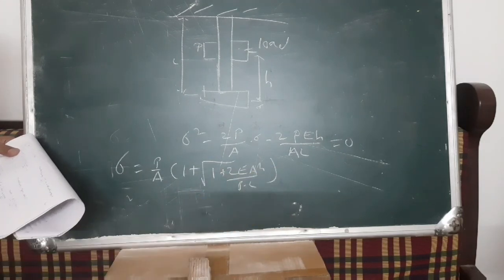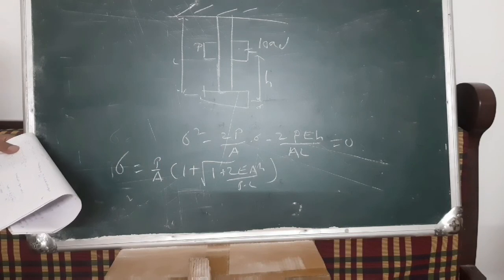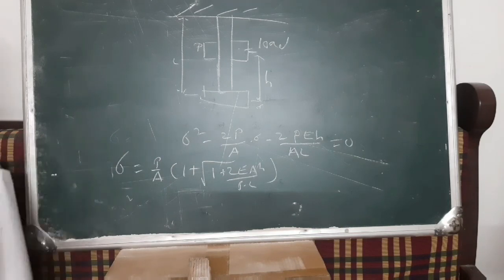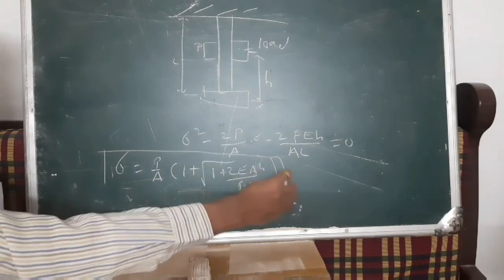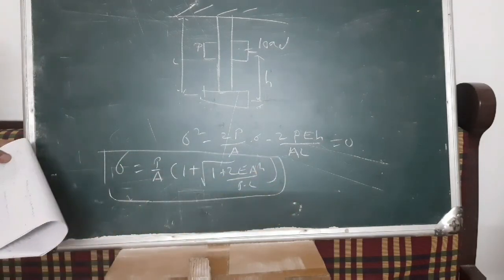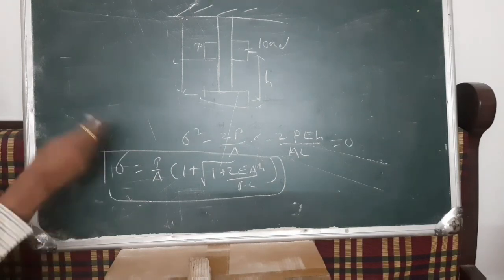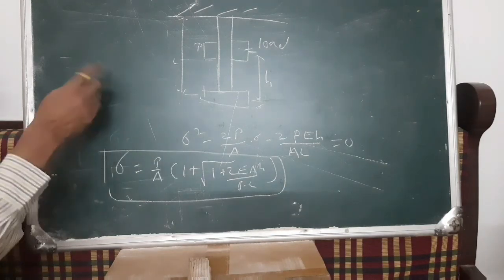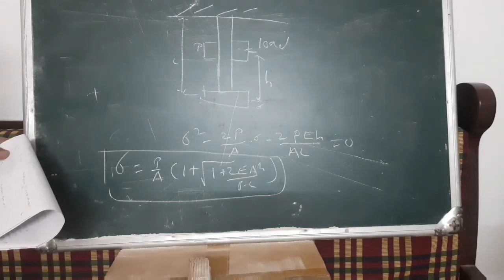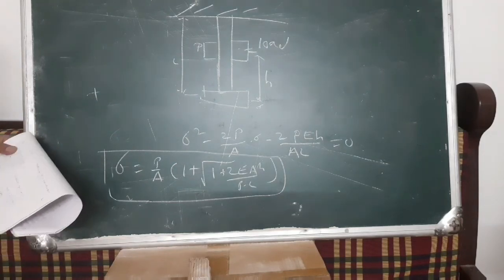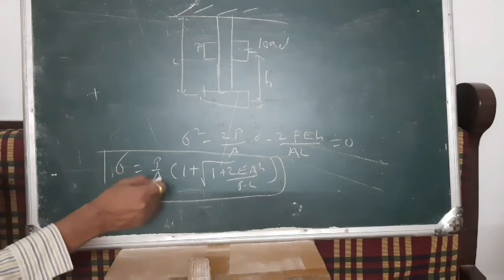Knowing the value of sigma, the strain energy in the body can be calculated. You can use this for solving numericals in each case. There will be two roots, plus or minus, so we are neglecting the negative root and taking the positive root, which gives the equation for solving the numerical.